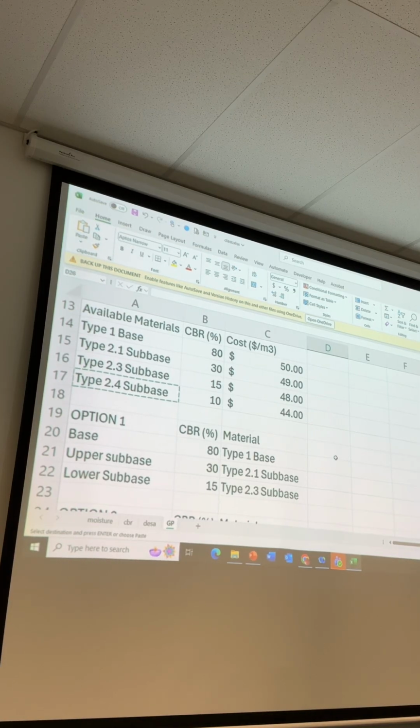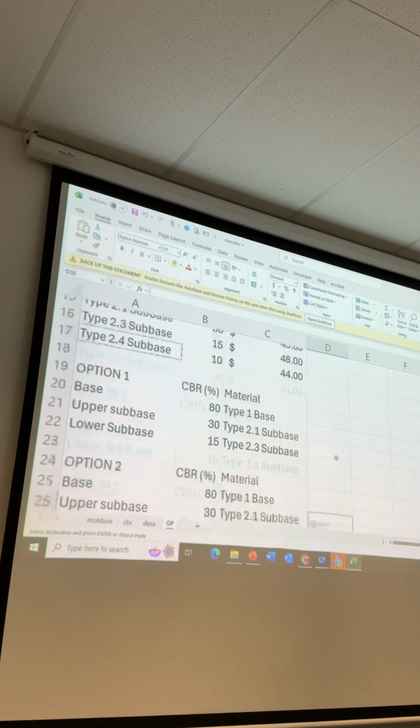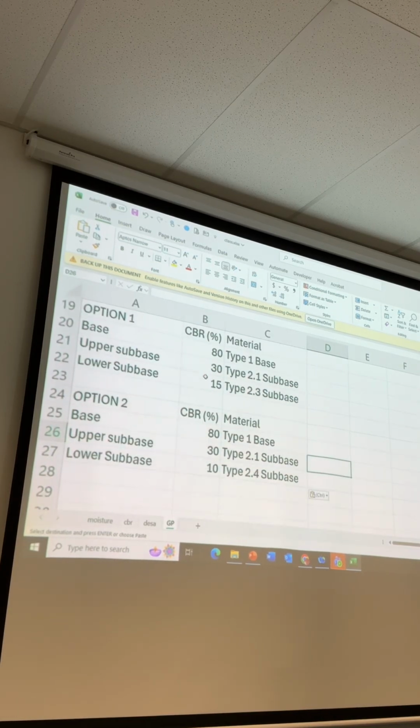One using a lower subbase of 15% CBR, and one using a lower subbase of 10% CBR. So here, the next cell is going to be the thickness of each of those layers in millimeters.